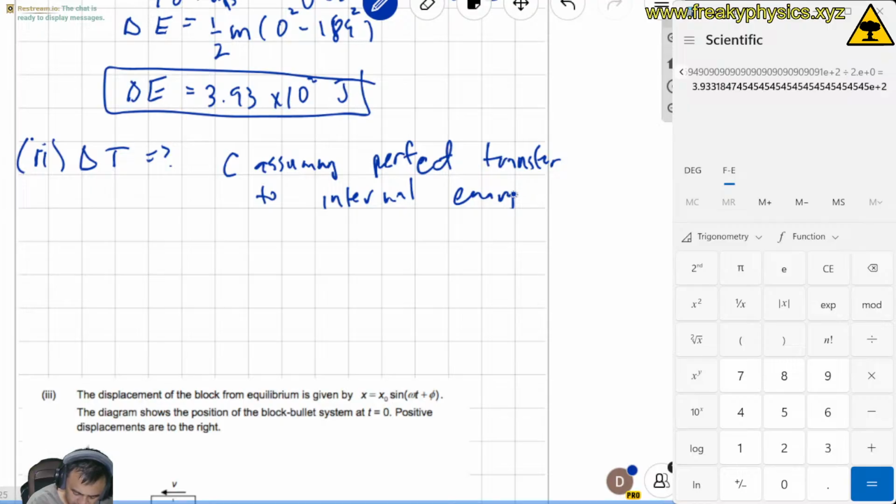That's going to be easy now because we know the energy loss.